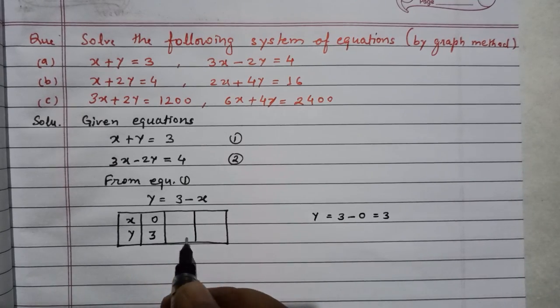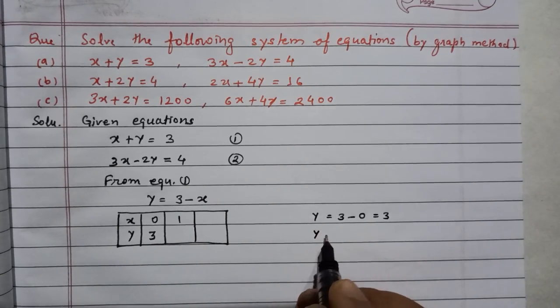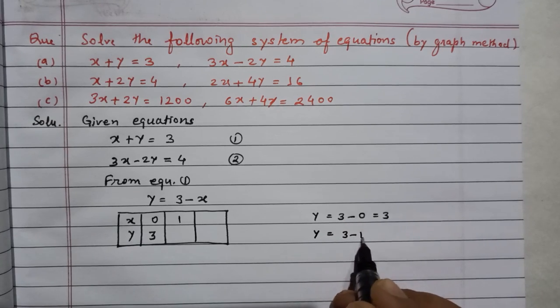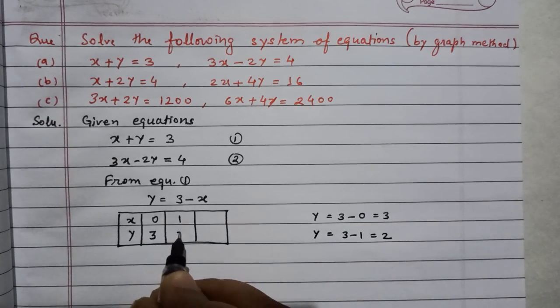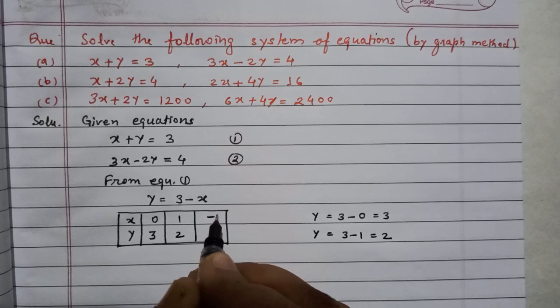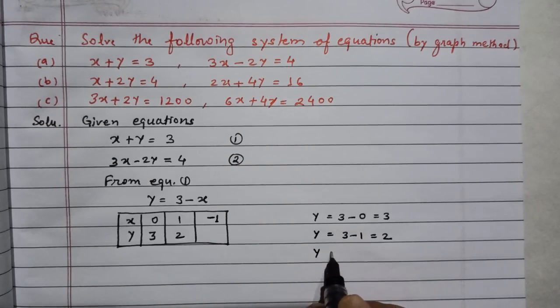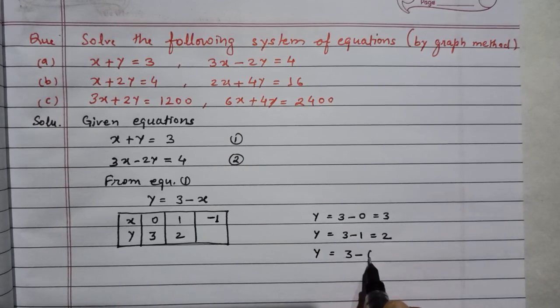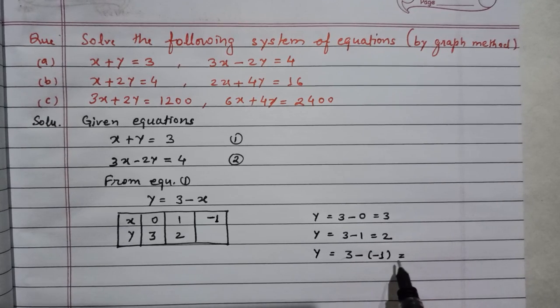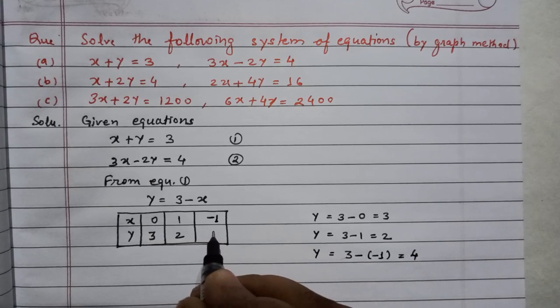If x equals 1, y is equal to 3 minus 1, which is 2. If x equals minus 1, y is equal to 3 minus minus 1, which is 3 plus 1, 4.